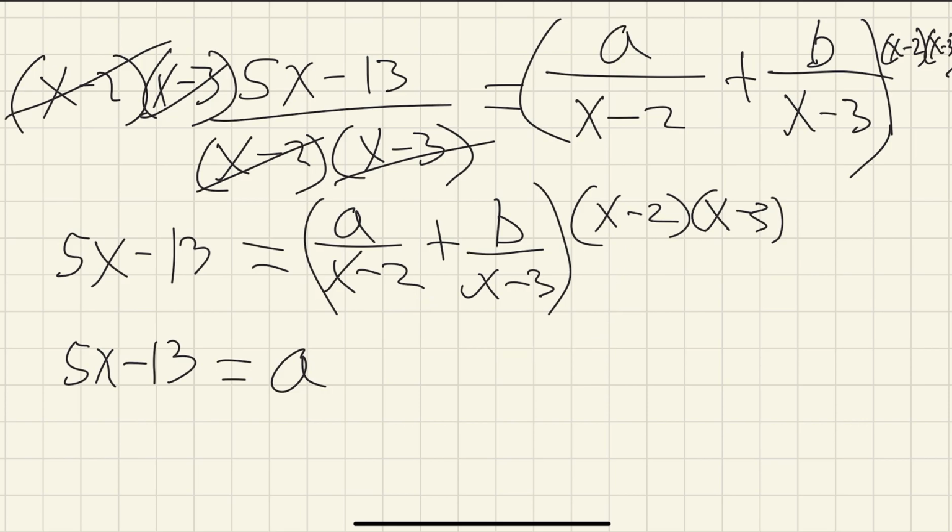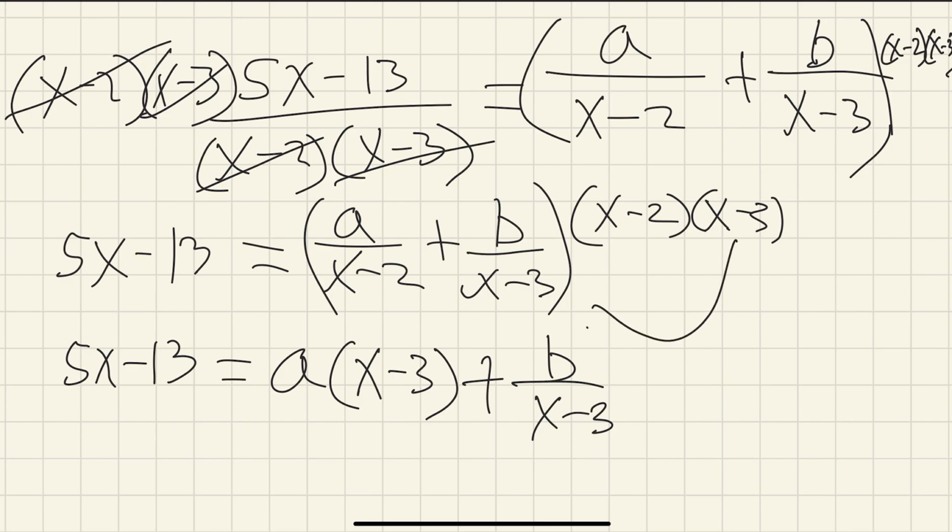So we just have A, but now we need to multiply this in, so we get A times x minus 3. Now let's do the same for the B. We have B over x minus 3 times x minus 3. That's going to cancel with that, so we can take that out. And now we multiply our next term in, B times x minus 2.